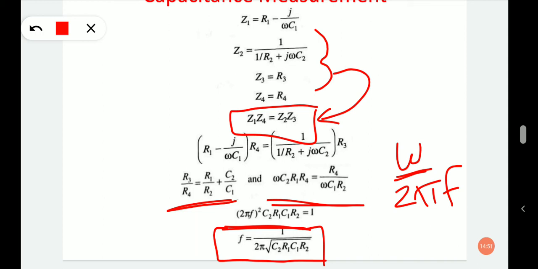So Wien bridge attains balance only at a specific supply frequency, which can be obtained using this equation.